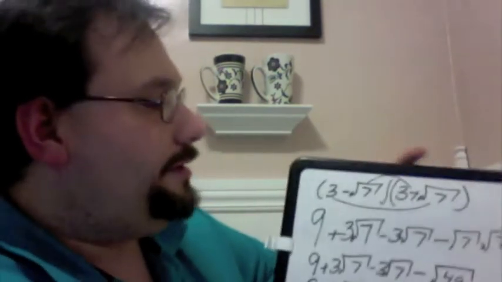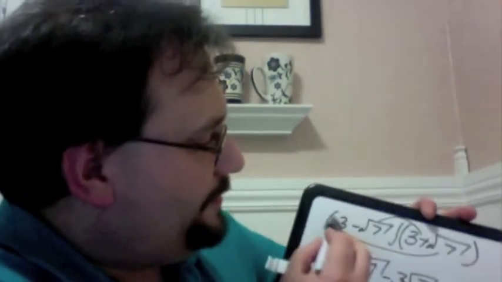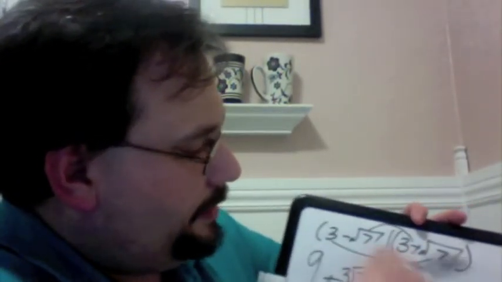Now you think, oh, every time I FOIL roots, I'm going to get rid of the roots. Not necessarily true. That's only if you have the same values, and the only difference here is the sign. So if we were going to change this problem around a bit, I'm going to make a very minor change to the very beginning.